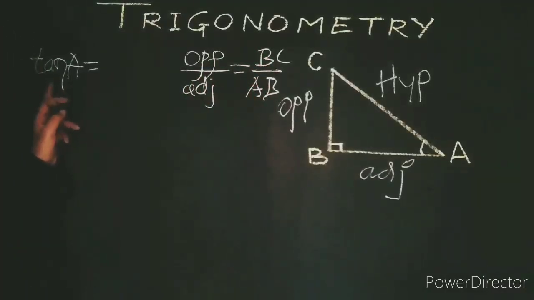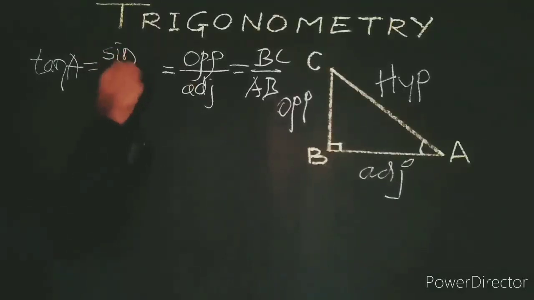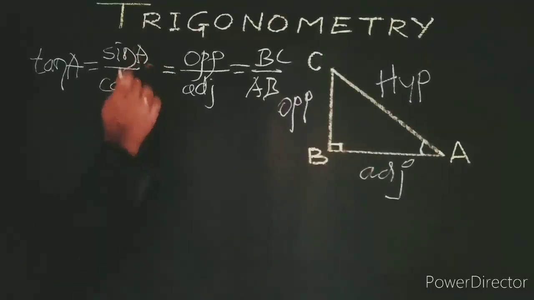This tan ratio can be written as sin A upon cos A. Why?